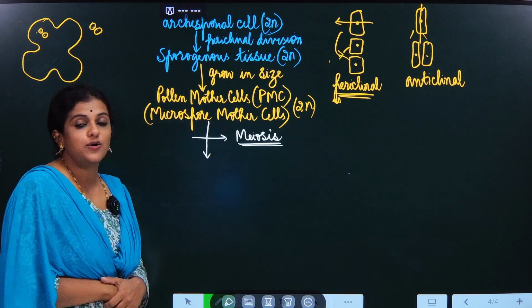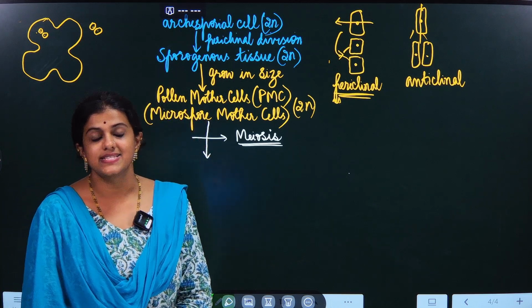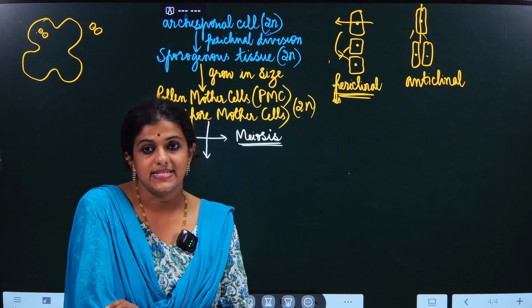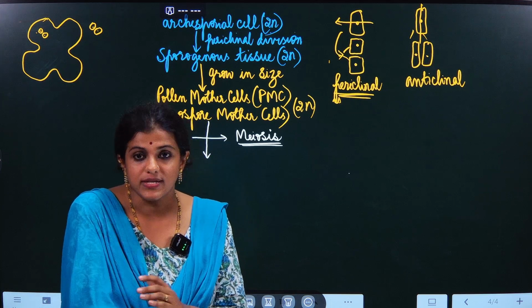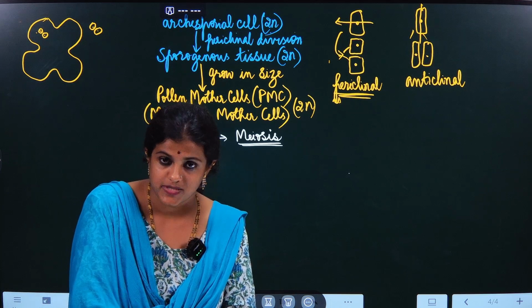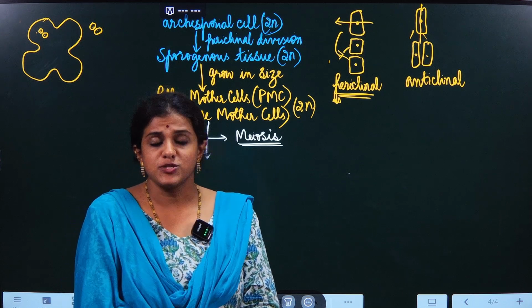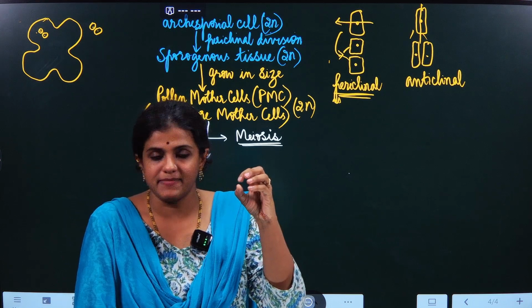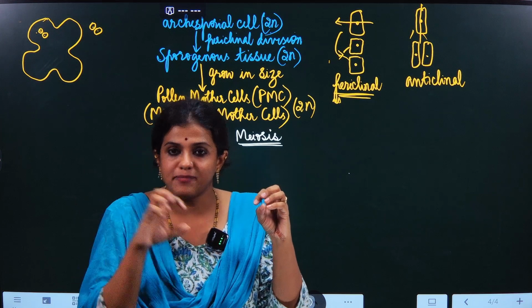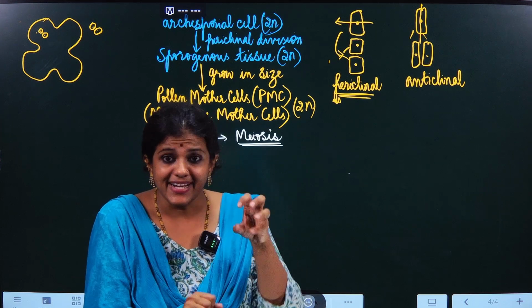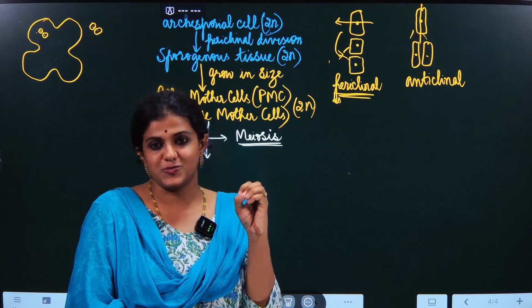Okay, so now these pollen mother cells or microspore mother cells undergo meiosis to form microspores. From each pollen mother cell, 4 microspores will form, the product of one single microspore mother cell.